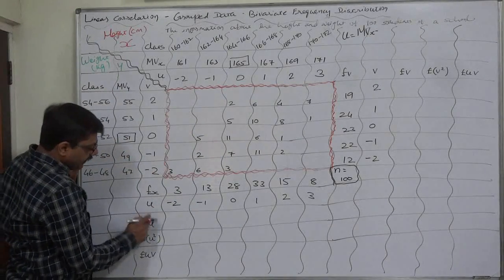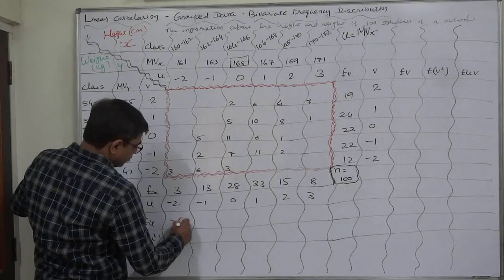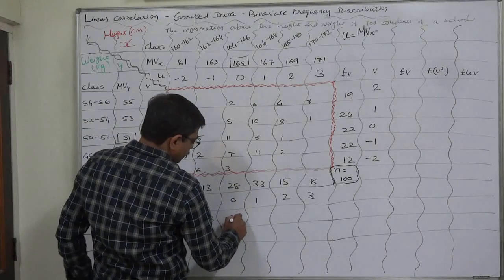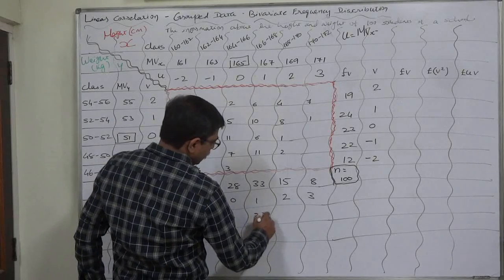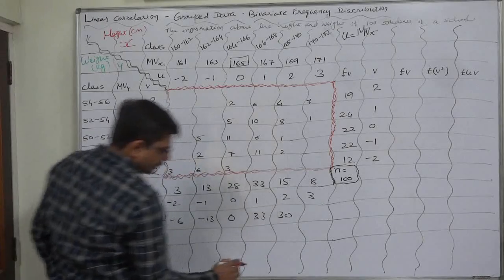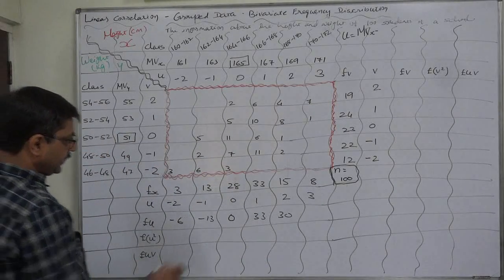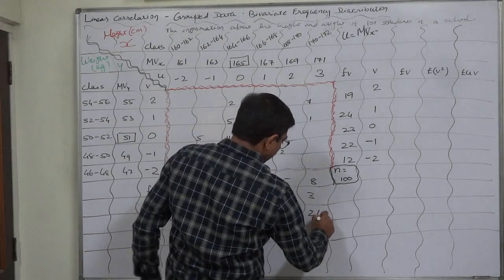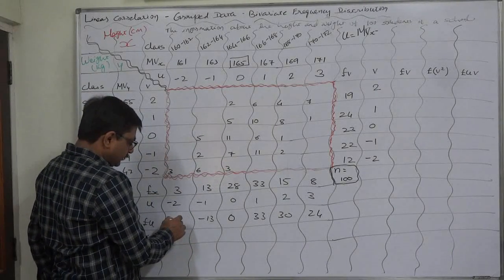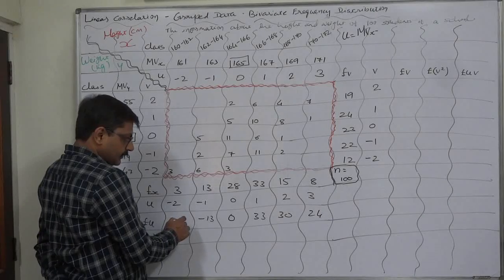u into f will be fu: 3 into minus 2, minus 6, 13 into minus 1, minus 13, 28 into 0, 0, 33 into 1, 33 and 15 into 2, 30, and 8 into 3, 24. The summation: minus 13 plus minus 6, minus 19.